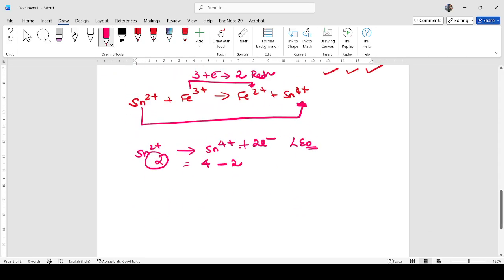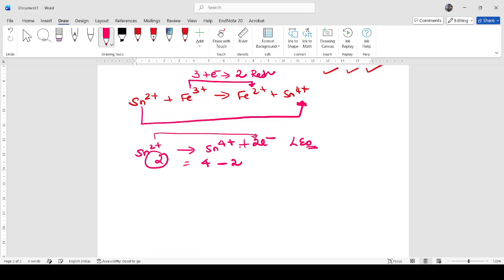Now the next question comes: you said tin 2+ is giving 2 electrons, but this Fe3+ is only taking 1 electron to become Fe2+ in the reduction reaction. How do I compensate this electron here? A redox reaction itself is a mutual reaction.